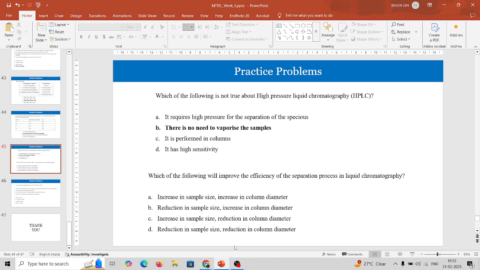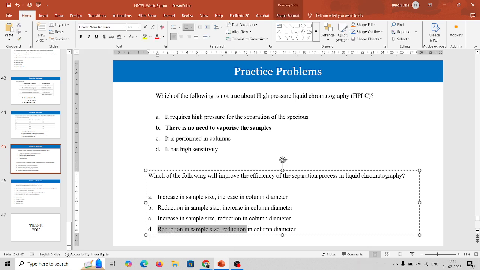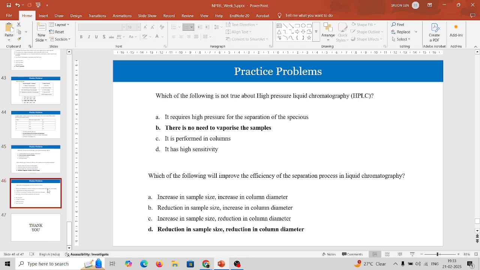For a higher molecular weight, you need a greater column diameter, but the moment you increase the column diameter, the sample disperses out and then the elution or the separation becomes a problem. So reduction in sample size and reduction in column diameter should be maintained.